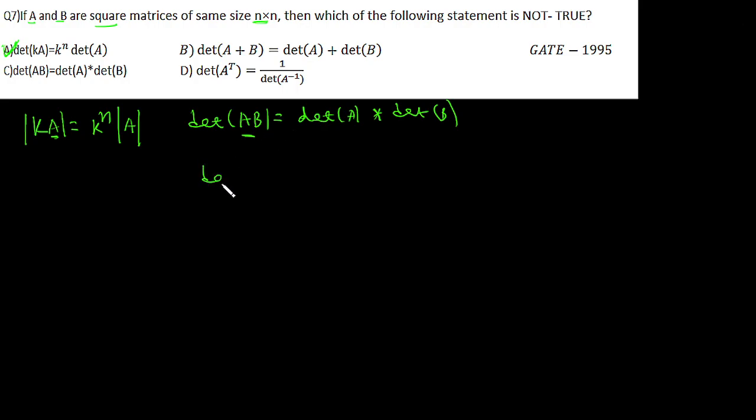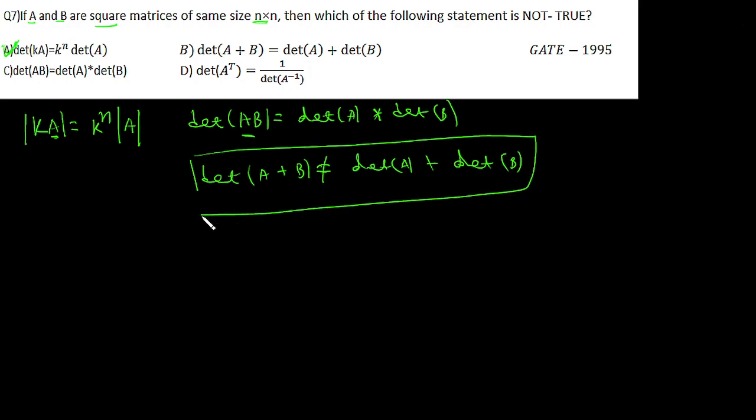But in the case of summation, the determinant of A plus B is not equal to the sum of the individual determinants. So it is not correct for the determinant. So option B is the wrong one.